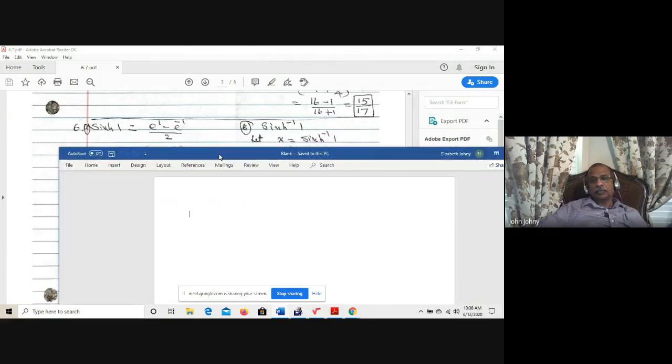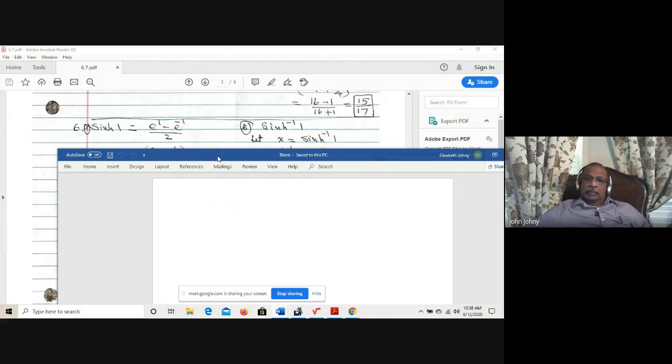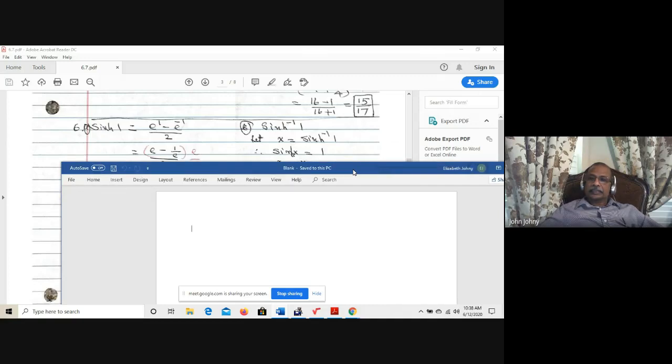B part. Sin h inverse 1. So this is how you approach it. Let x be equal to sin h inverse 1. Therefore, sin hx is equal to 1.